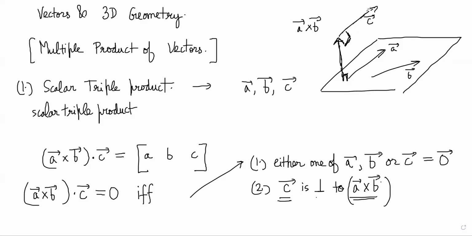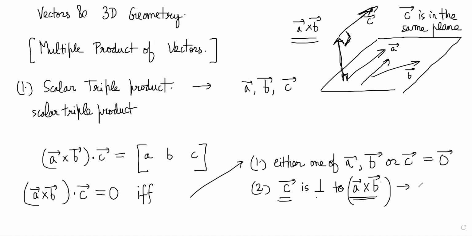So you can see that C vector, you can lift this vector and put it back here and it will completely lie in the plane. C vector is in the same plane as A and B, right? Because it is perpendicular to the normal to the plane. A cross B was the normal to the plane and C is perpendicular to the normal. So C must lie within the plane.